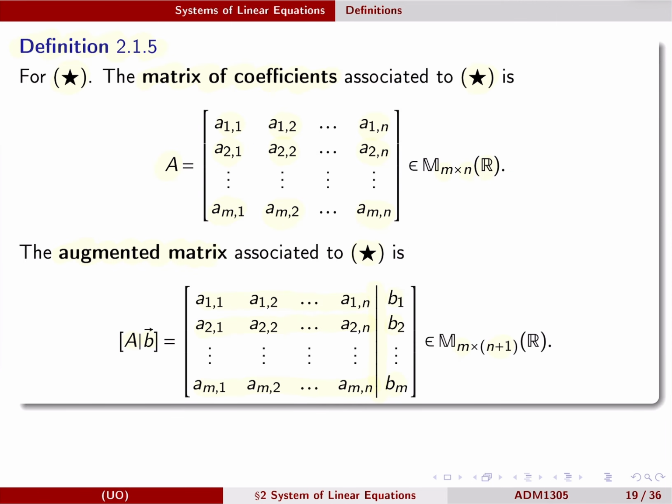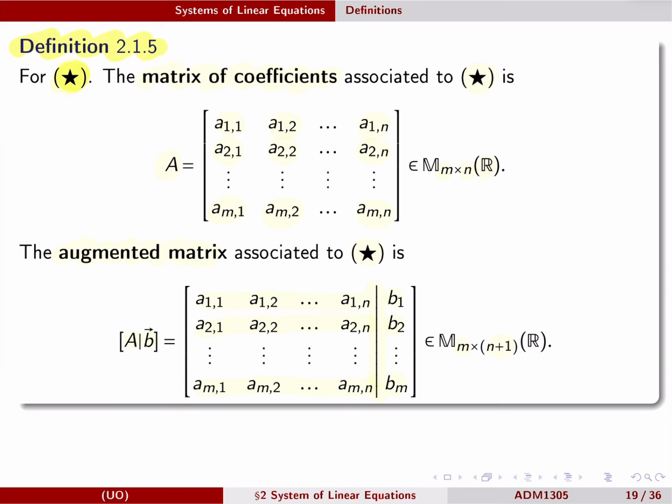To keep track of all those coefficients and constant terms in that system of linear equations, we're going to be storing that information using matrices because we are, after all, experts of matrices. So here's a nice and very important definition that introduces two matrices that are going to be used to study systems of linear equations.